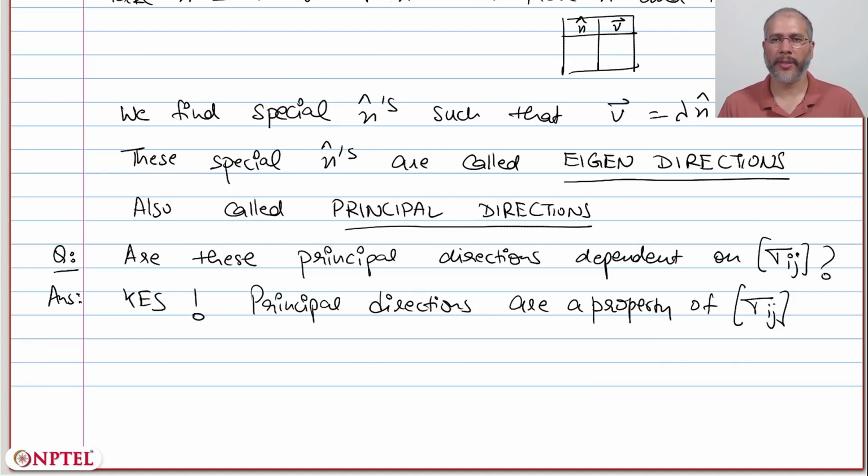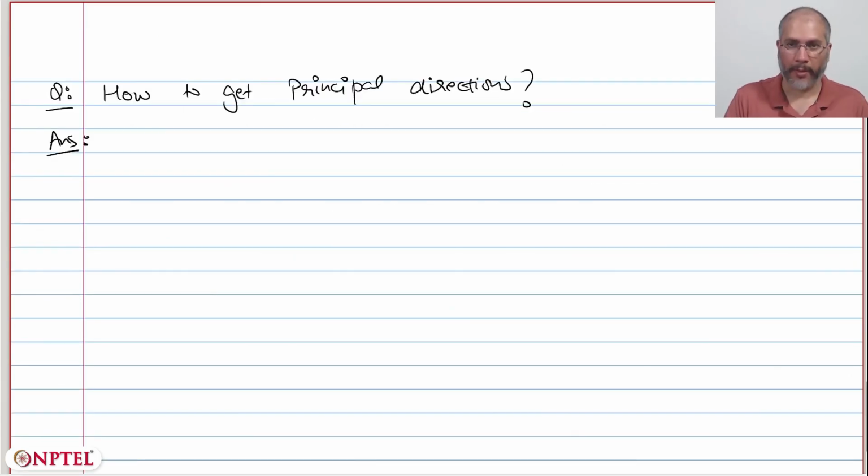That will take an infinite amount of time. So we need an elegant method to find these special n hats or the principal directions. So let us proceed with the process of finding the special n hats, that is, the principal directions.